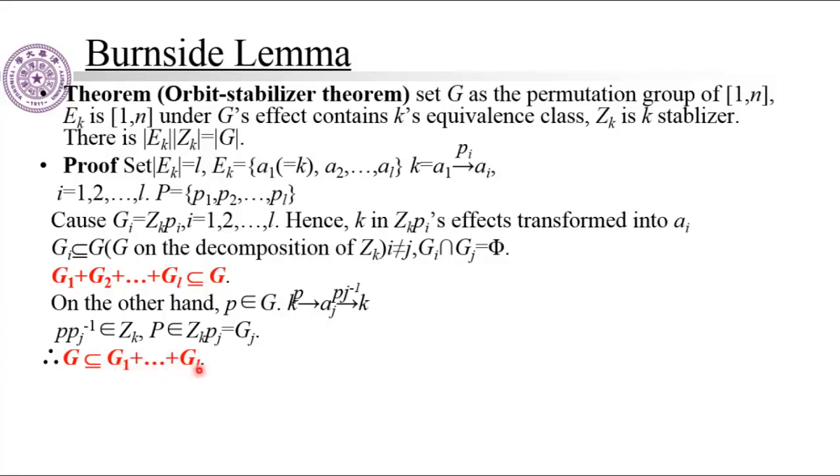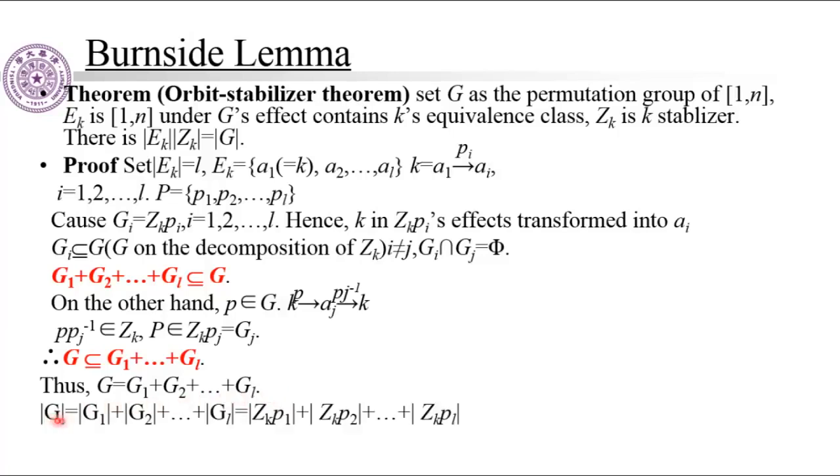From these two relations considered together, we will realize that G is equal to G1 plus G2 until GL. We will realize the number of G is split into the number of G1 plus the number of G2, added up until GL. Whereas G1, following the definition over here, should be equal to Zk multiplied by P1.